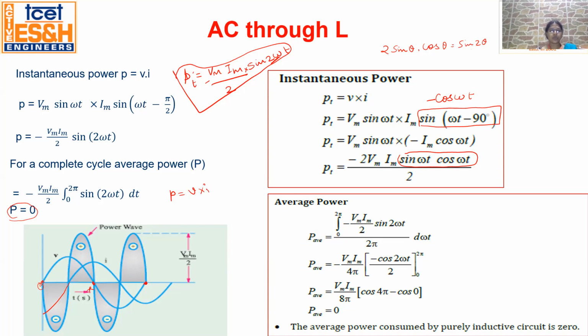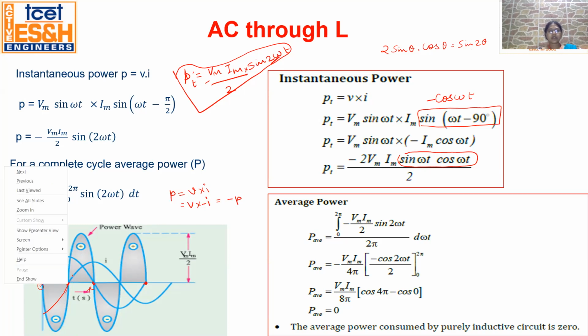So V multiplied by minus I is equal to minus P. You see, power is negative till the current is negative. From this instant, current is positive and voltage is also positive, so V multiplied by I gives positive power. So the power has a waveform like this.